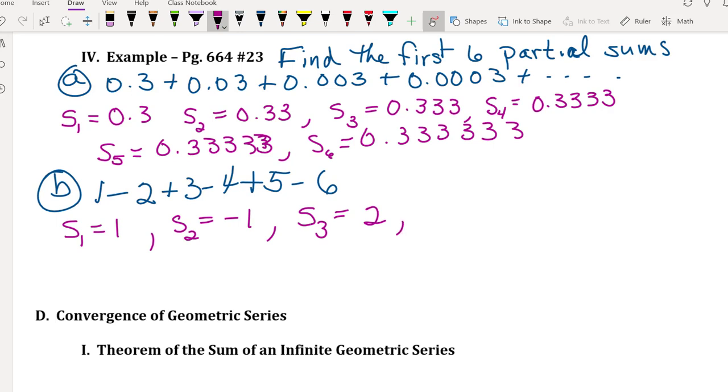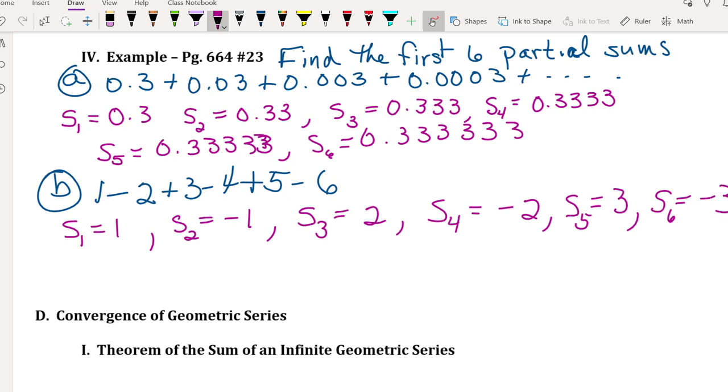Our next partial sum, we take our 2 and subtract 4, so we get negative 2. The fifth partial sum is negative 2 plus 5, which is 3. And the sixth partial sum is 3 minus 6, which is negative 3.